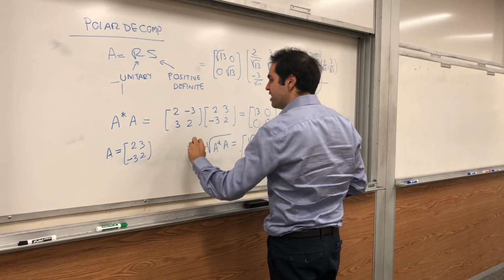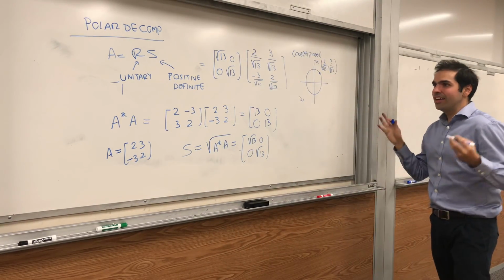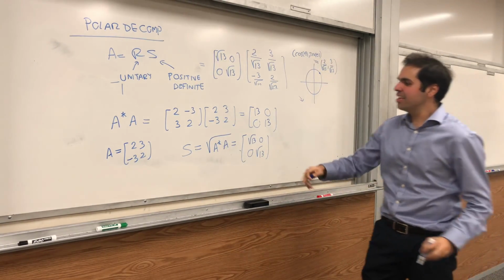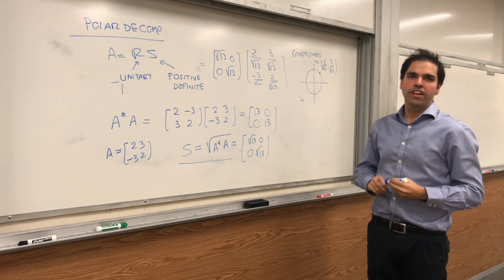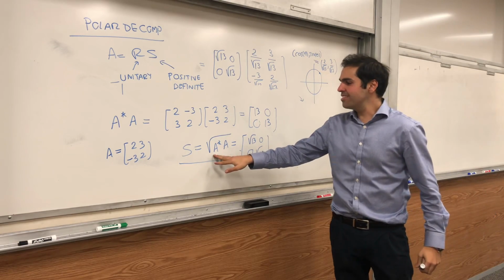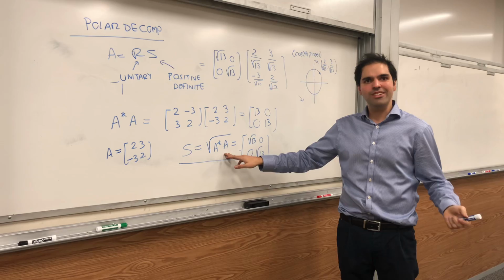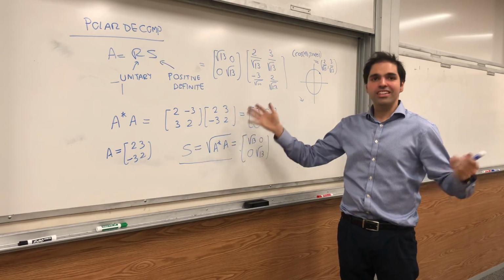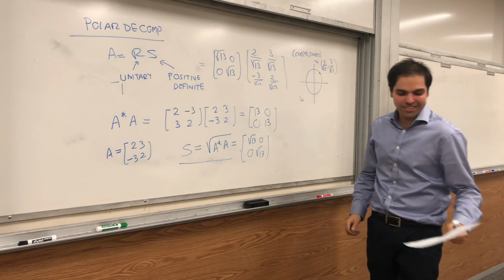And that should give you your scaling matrix. So even more generally, the scaling matrix is given by the square root of A star A. Why does that make sense? A star A is a symmetric positive definite matrix, so it actually has a square root, and I made another video on that if you're interested.